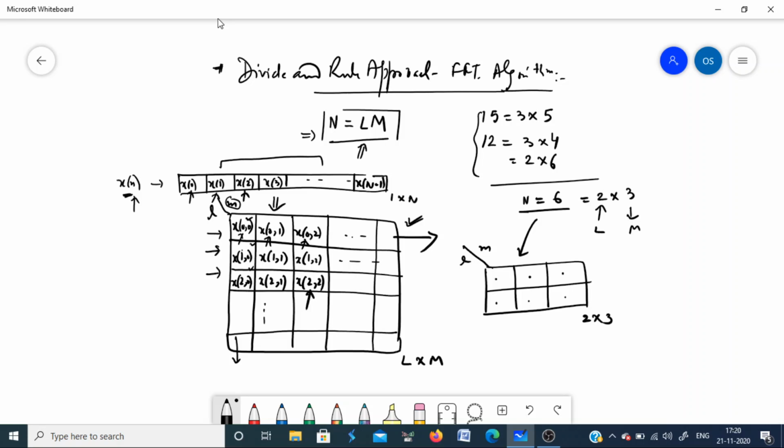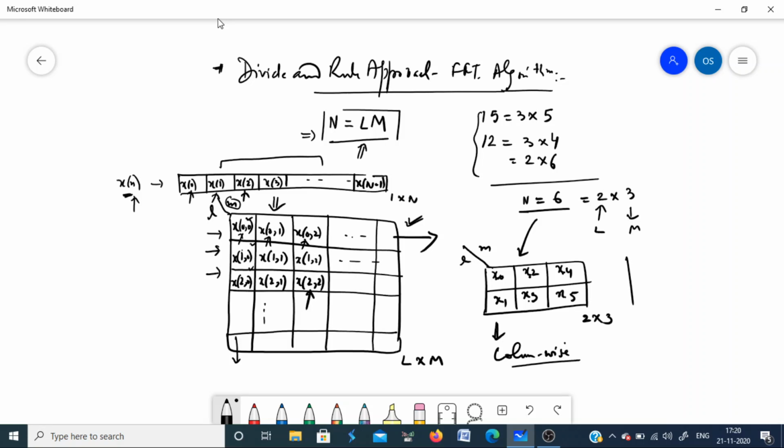Either you can fill the data using column-wise mapping or using row-wise mapping. If I fill the data column-wise, it means I must fill the first column, then the next column, then the second column. So x0 will be here, x1 will be here, then x2, x3, x4, x5.